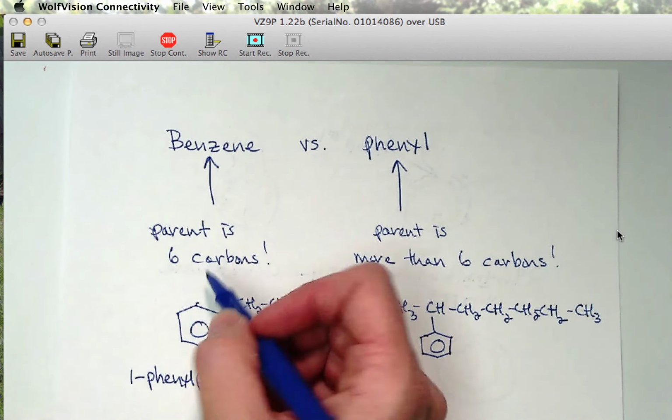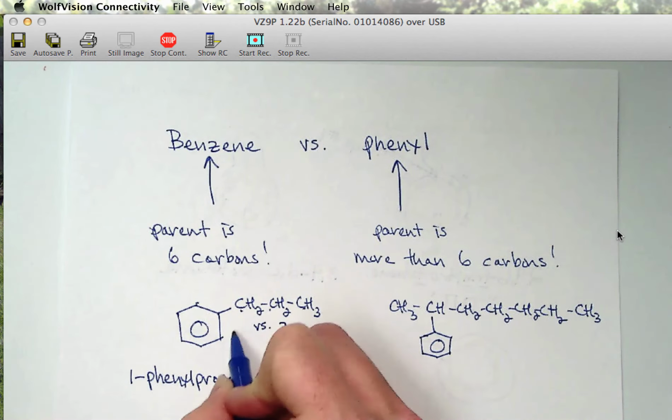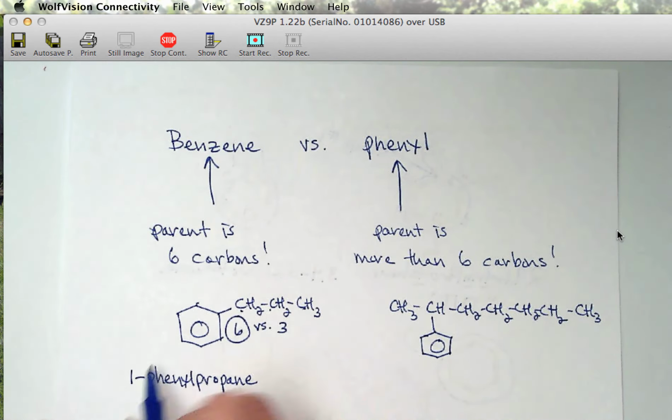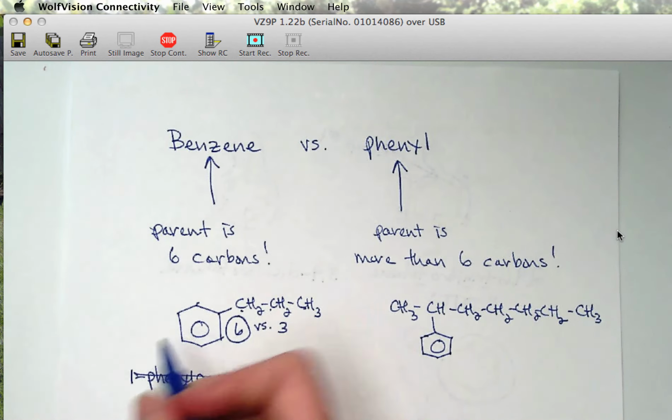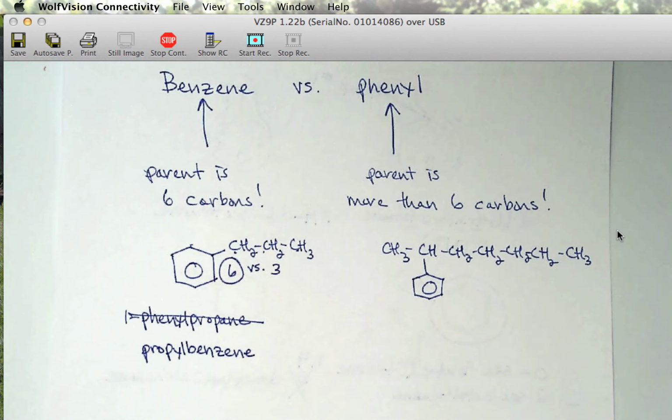So it's 3 versus 6. 6 wins. So it should be propylbenzene. Now why didn't I say 1-propylbenzene? It's always going to be 1 when there's 1 group attached to benzene.